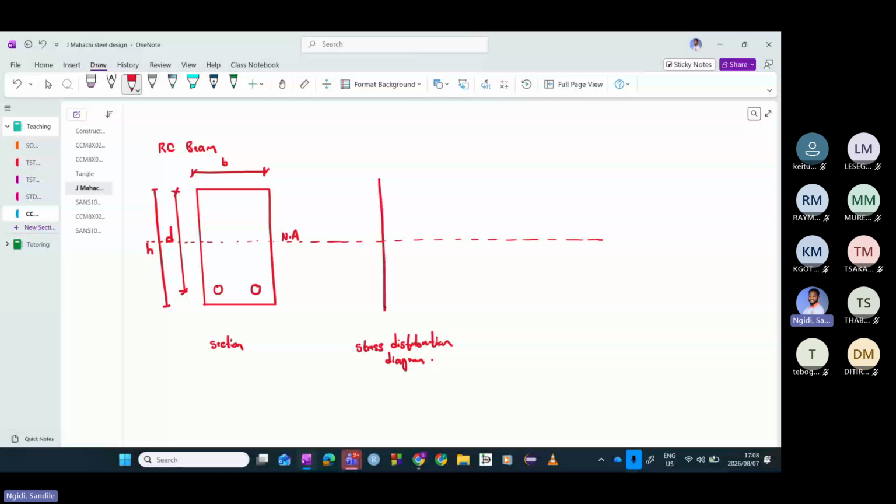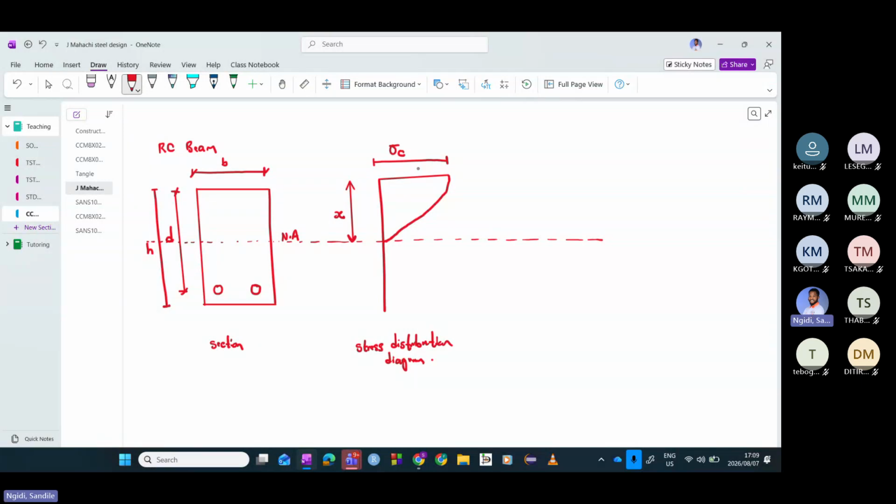So yeah, this is the stress distribution diagram. So here on top is where you will have the maximum concrete stress. And obviously, you can define a distance here from top to the neutral axis, and you can call this distance x.